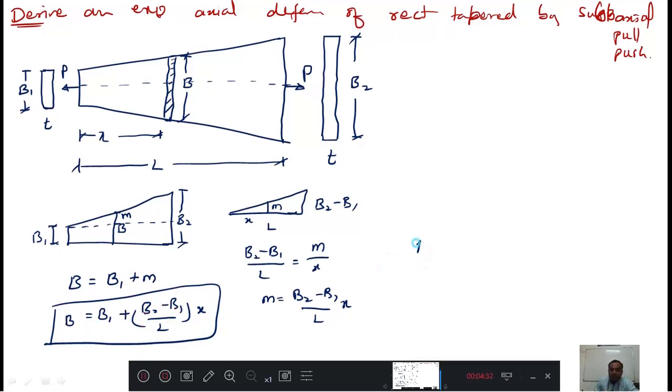Therefore I will get B equal to B1 plus Kx. This I got.